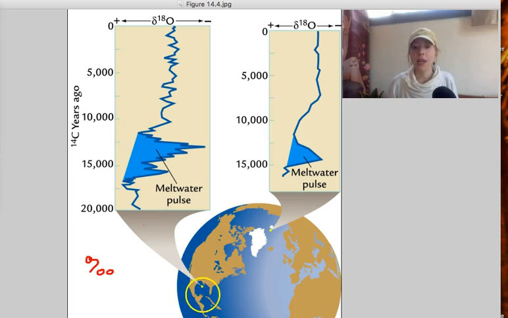And the Mississippi empties into the Gulf of Mexico. So all of a sudden, there are these pulses of these lighter isotopes of oxygen. And organisms get really excited when there are lighter oxygen isotopes available for them to use, because it takes less energy for them to incorporate it into their shells.